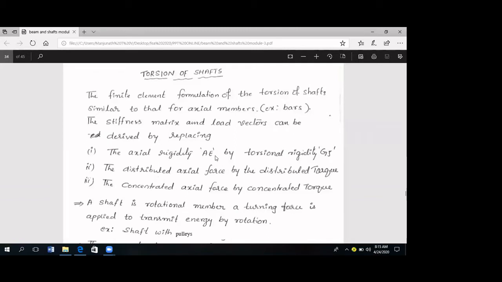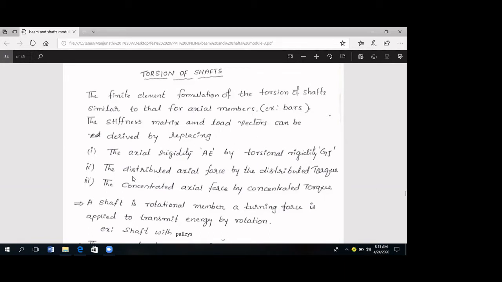Within the elastic modulus, the tensile and compressive stress varies along with the tensile and compressive strain. Okay, this axial rigidity is going to be replaced with the torsional rigidity. Torsional rigidity is the shear modulus, shear stress to shear strain, and J is the polar moment of inertia. Only this term AE is going to be replaced with GJ for the torsion of shafts.